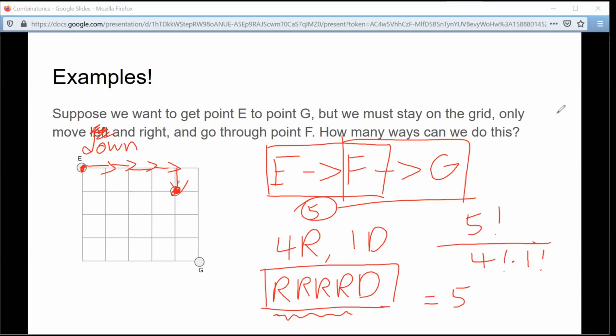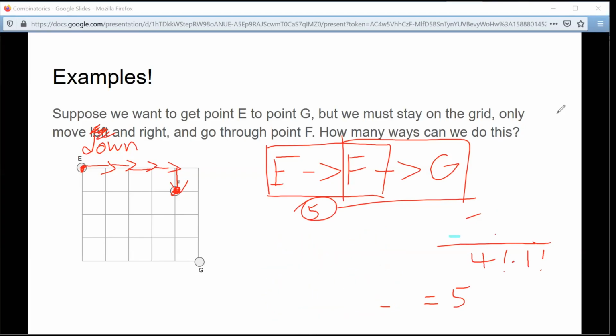And now we have to go from F to G. So to go from F to G, we have 1 right, and then 1, 2, 3 downs.